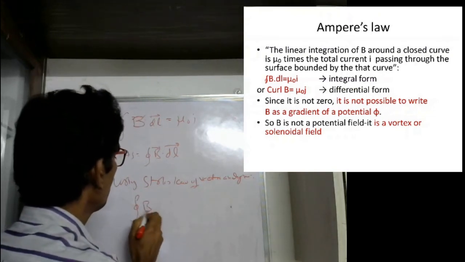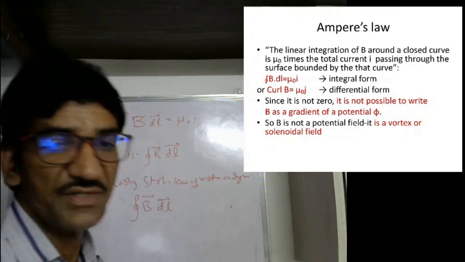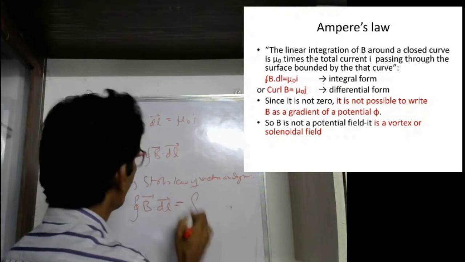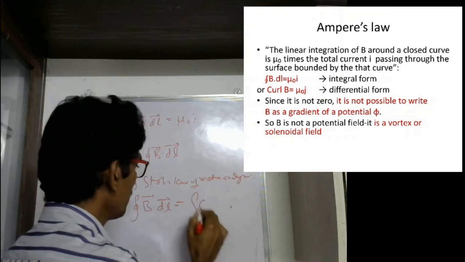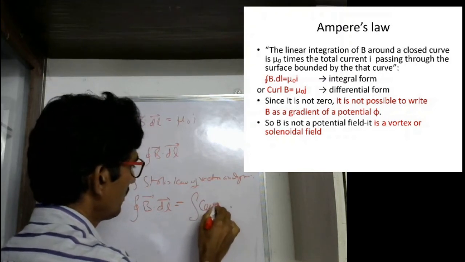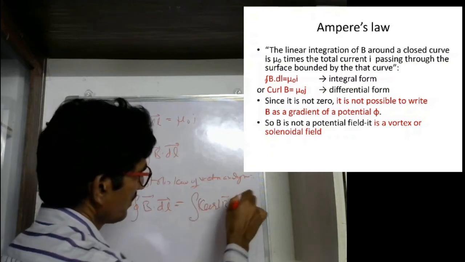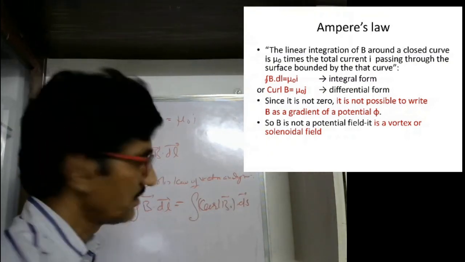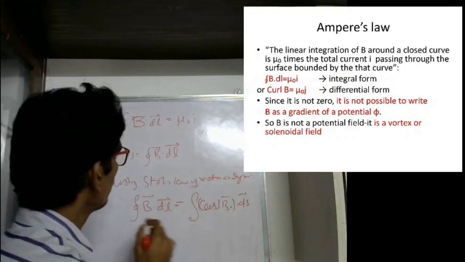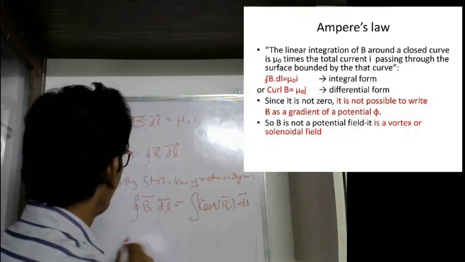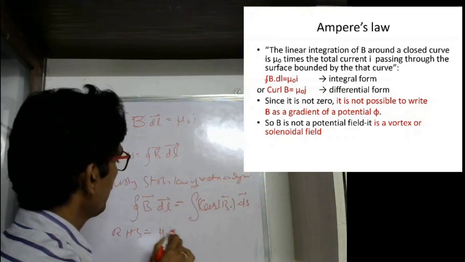Stokes' law relates the line integral with a surface integral, so the integral of B dot dl is equal to the integral of curl B dot ds. Now the RHS is mu naught I.